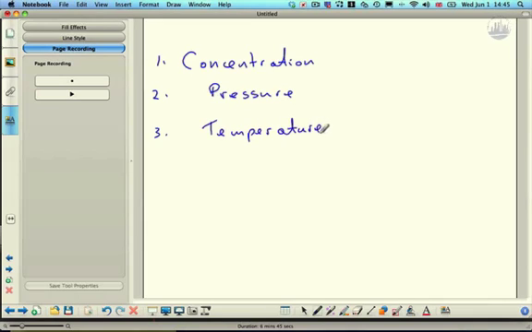It's actually a very special consideration. And if we change the surface area, that is the particle size, we will change the rate. Finally, the addition of a magic substance known as a catalyst will also change the rate. So let's have a look at how each one of those will change the rate.